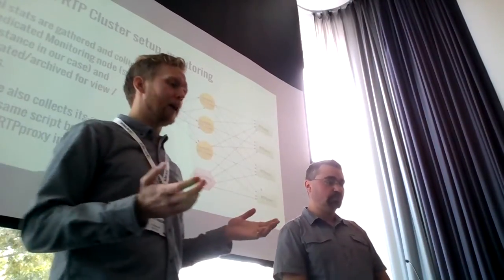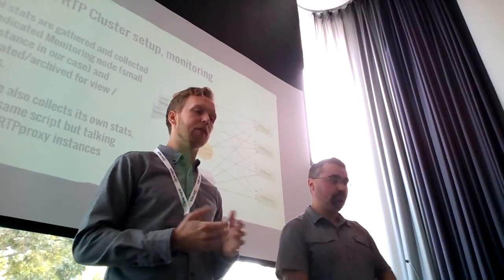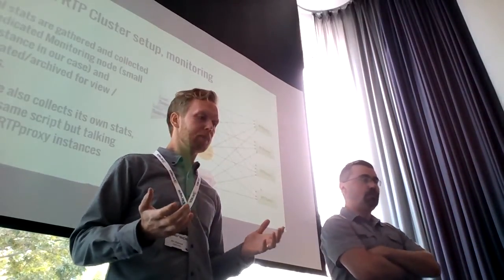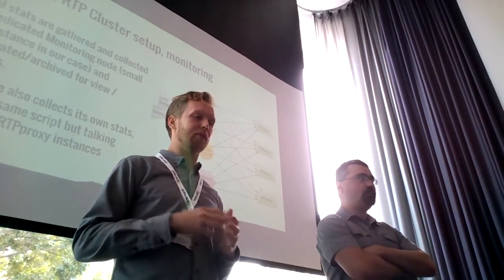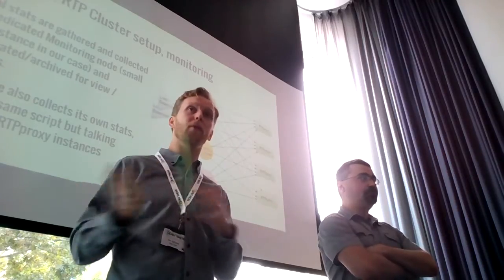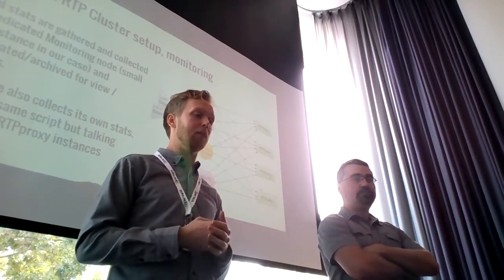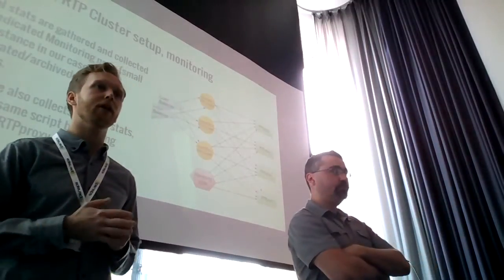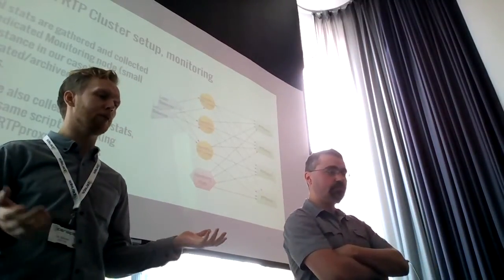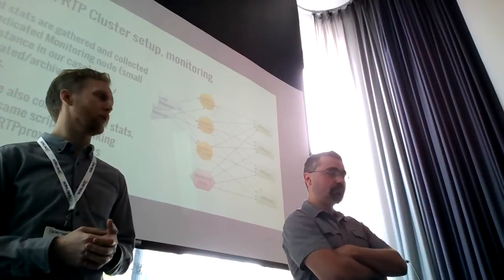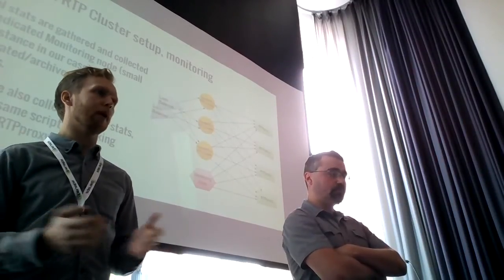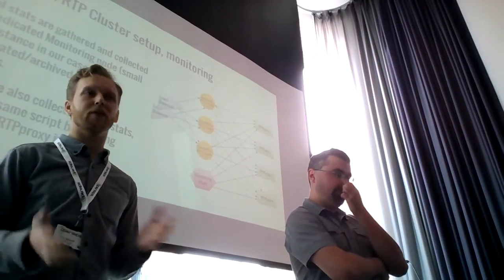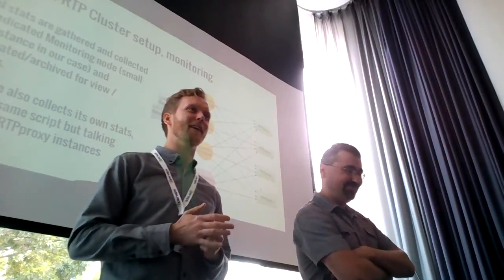If you have a cluster with 60 or 100 RTPproxy nodes, you can ask RTP cluster for its stats, and it'll dump all those stats to you, and you can put them into your own time series database solution, whatever you use. As I said, we have our own in-house stuff. We might clean it up and open source it at some point. It needs some love before it sees the light of day.